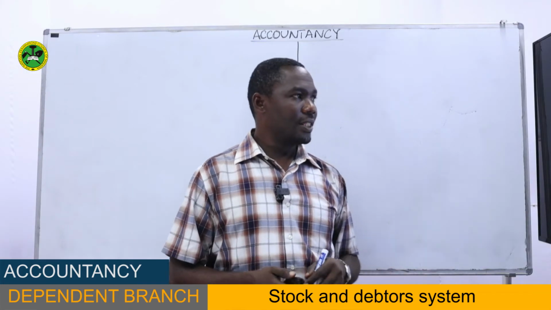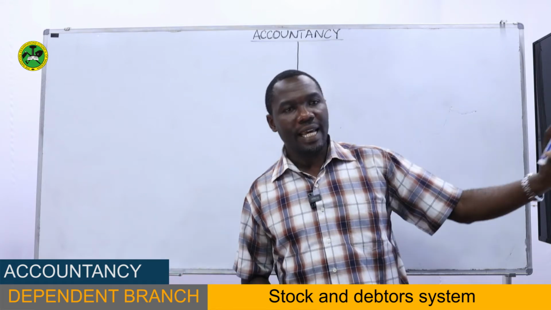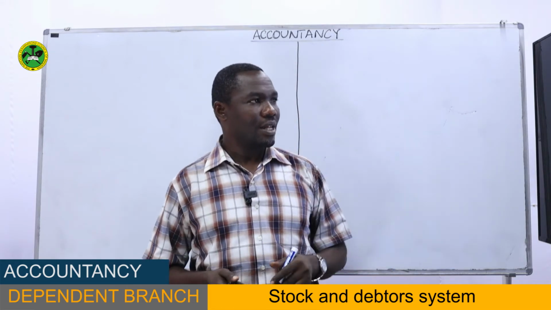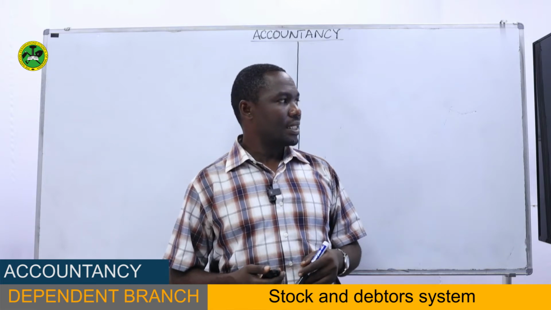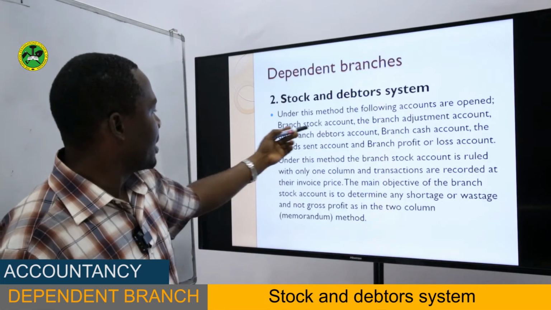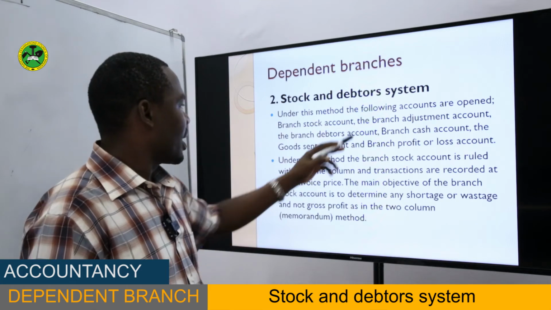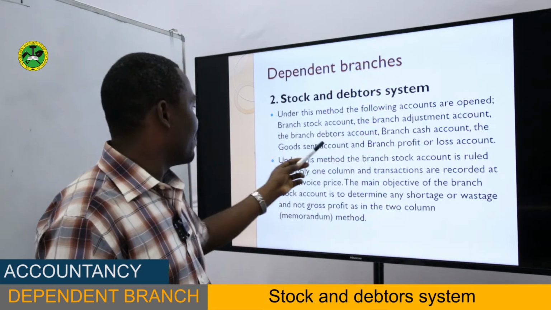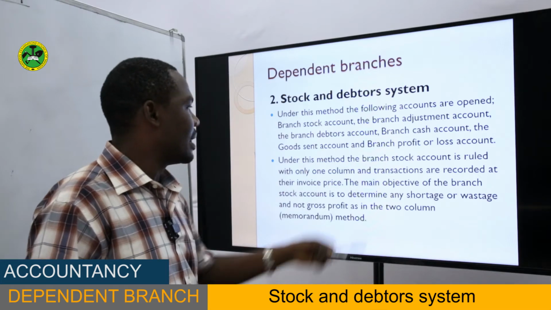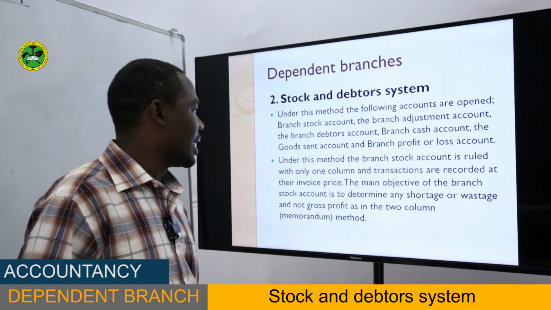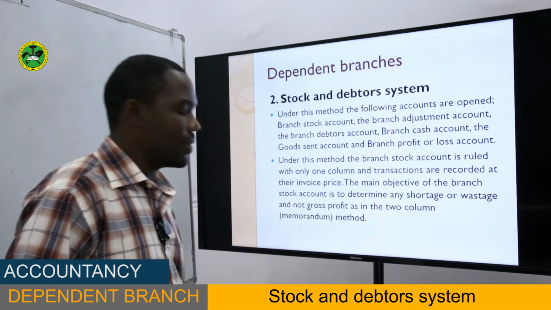Under this method, the head office will maintain the following accounts. There will be a branch stock account, a branch adjustment account, a branch debtors account, branch cash account, goods sent account, and branch profit and loss account.